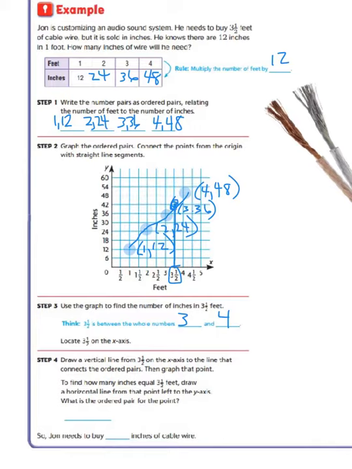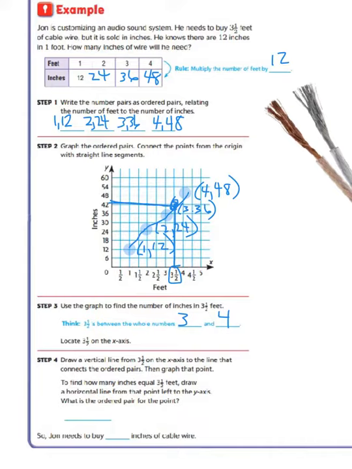So it says to find how many inches equals 3.5 feet, draw a horizontal line from that point to the y-axis. What is the ordered pair for the coordinate? So now let's take our vertical line and draw it straight over to where we can see what two numbers actually meet.